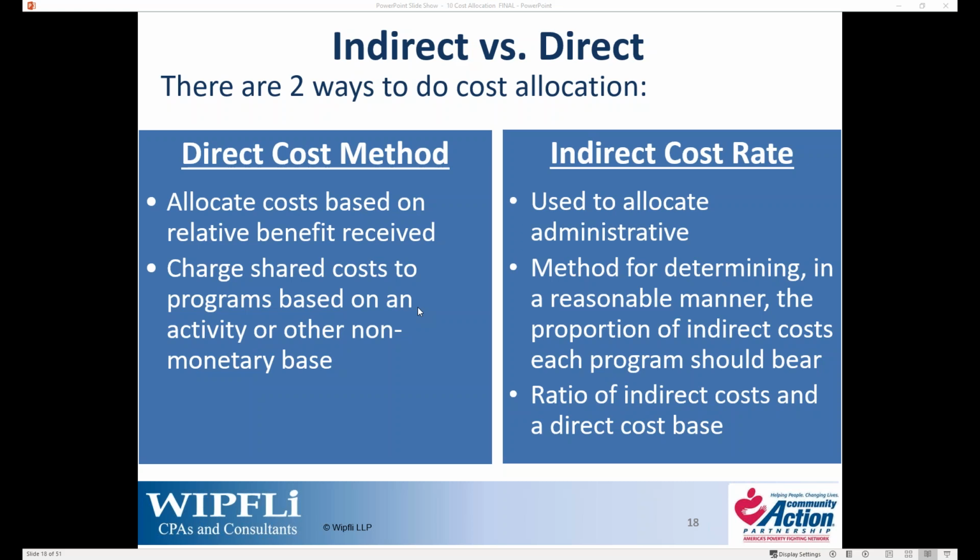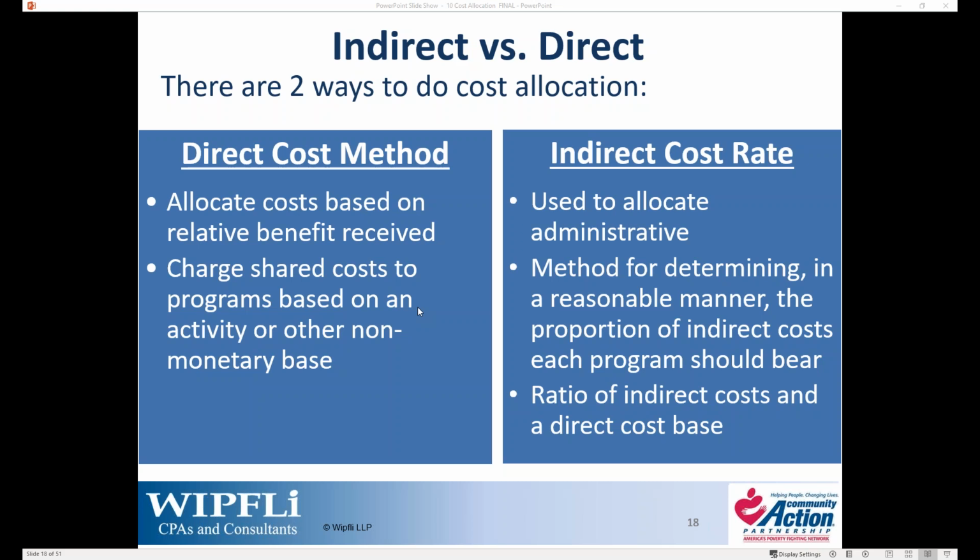Activity is units of service or other non-monetary base, such as number of employees, number of computers, square footage, number of transactions. Those are all non-monetary bases. So if we're using a direct method, it needs to be a non-monetary base.